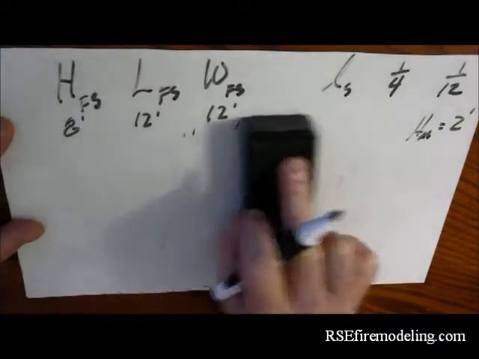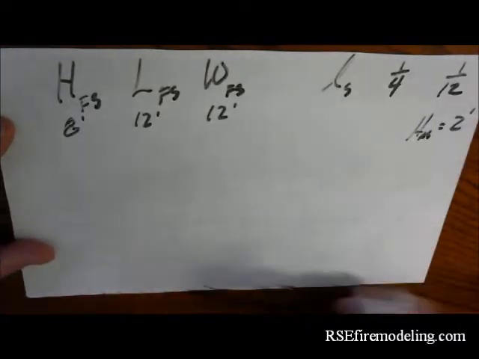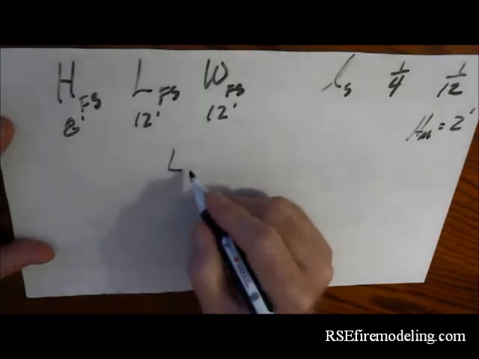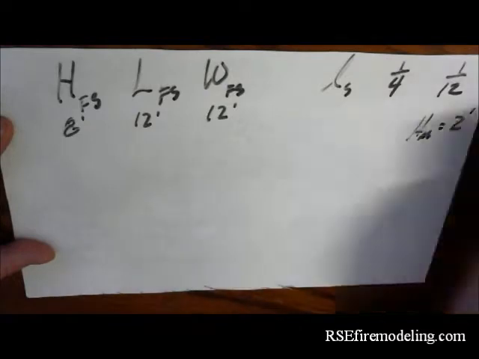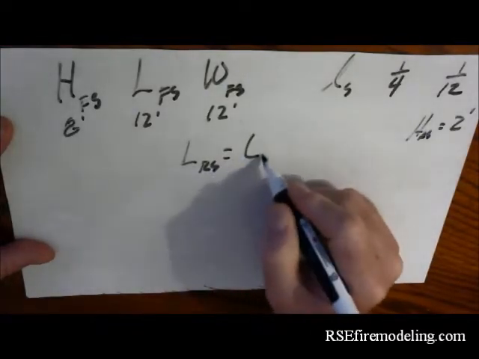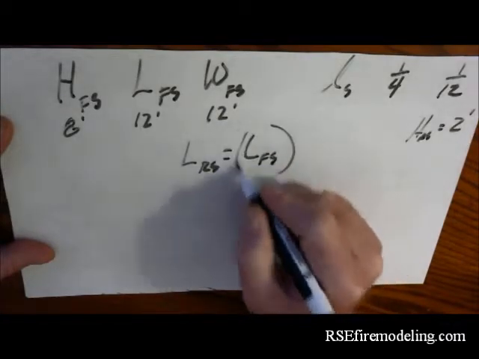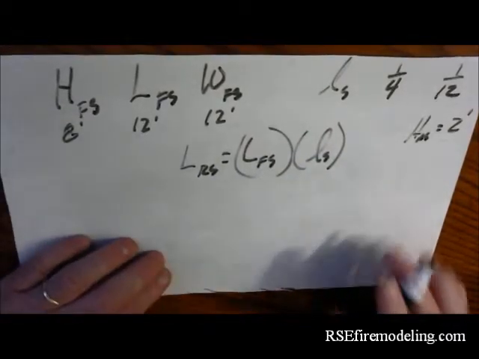Now, to comply with the geometric scaling laws, we need to scale the other two dimensions. The length of the reduced scale enclosure is equal to the length of the full scale enclosure times the length scale.